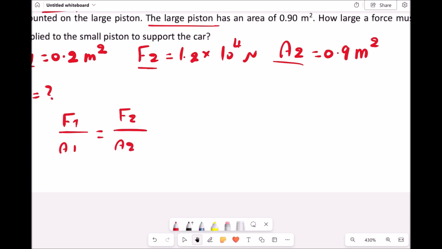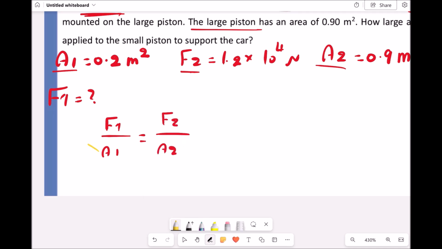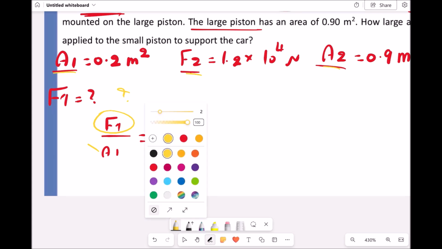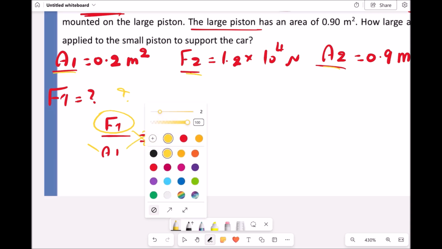Now look, guys, you have area 1 here, you have F2 here, and you have area 2 here. You don't have this one, okay? So we are trying to find this one. Rearrange the equation. We will say cross multiplication, this one multiplied by this one, and this one multiplied by this one.